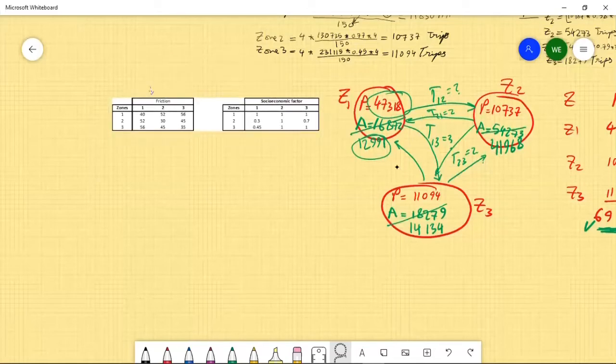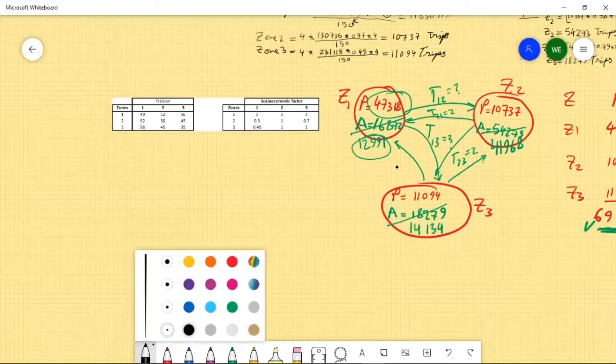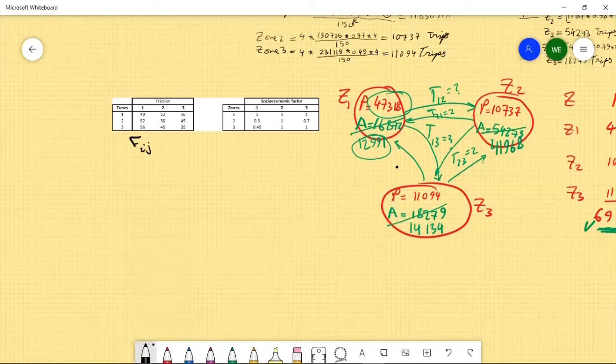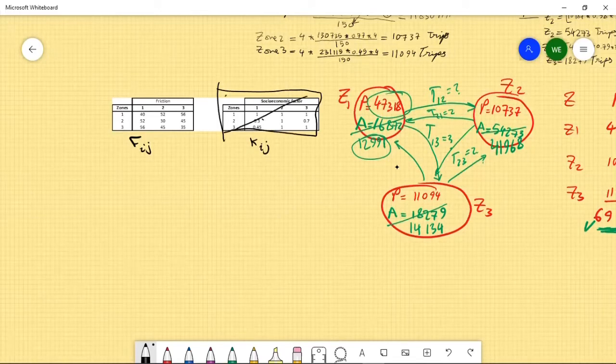The friction, that's what we had before, that's the Fij in the model. This one is Fij, and that's the Kij. For this example, let's ignore this one for the time being.